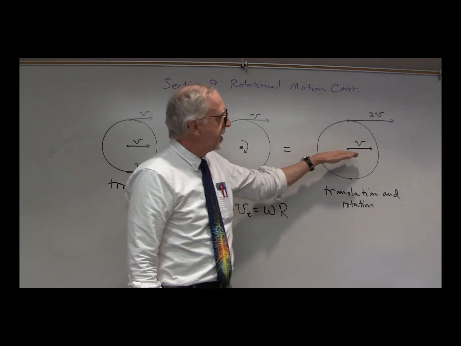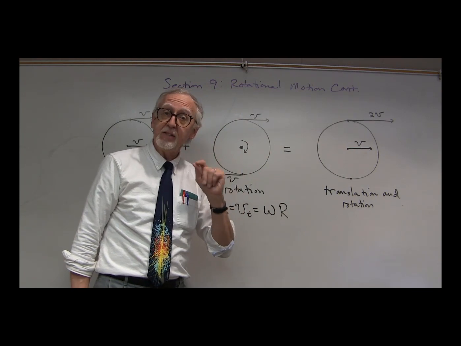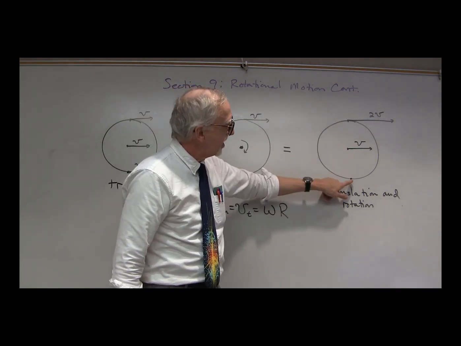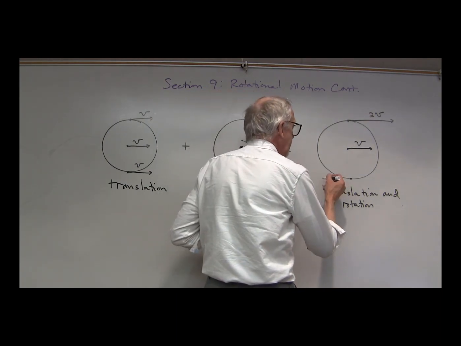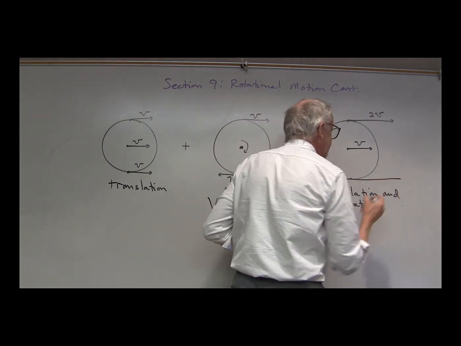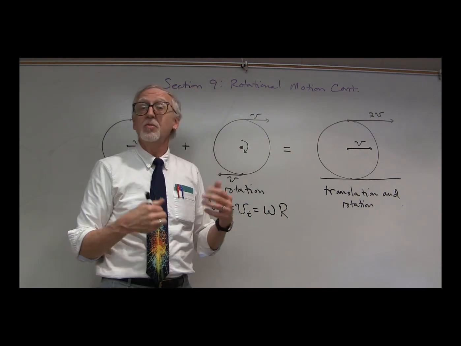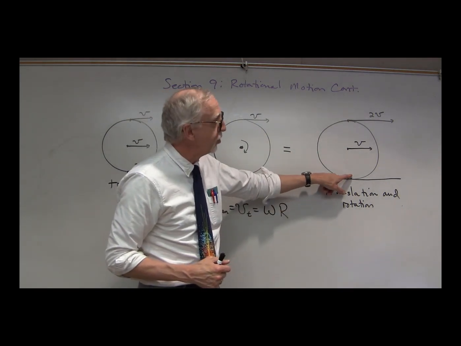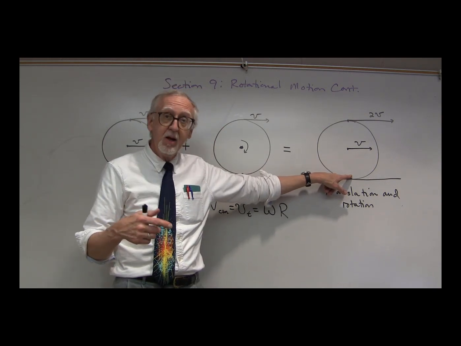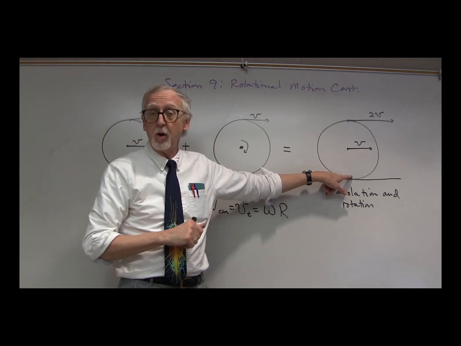So what we end up with is the motion of points on the wheel looking like this. The point at the bottom is always stationary relative to the surface. And that's the condition that we have for rolling without slipping. There is no motion between the bottom of the wheel and the surface on which it is rolling.